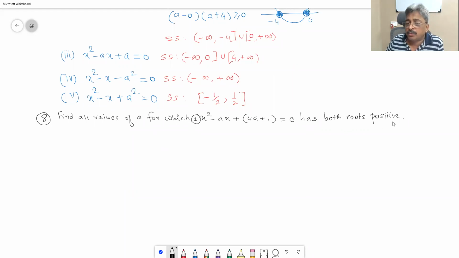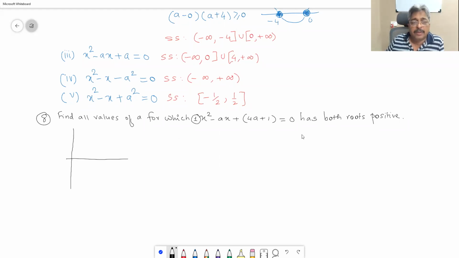Now, both the roots positive. That means, for an opening-up quadratic, suppose this is the y-axis, then both the roots should be greater than 0.